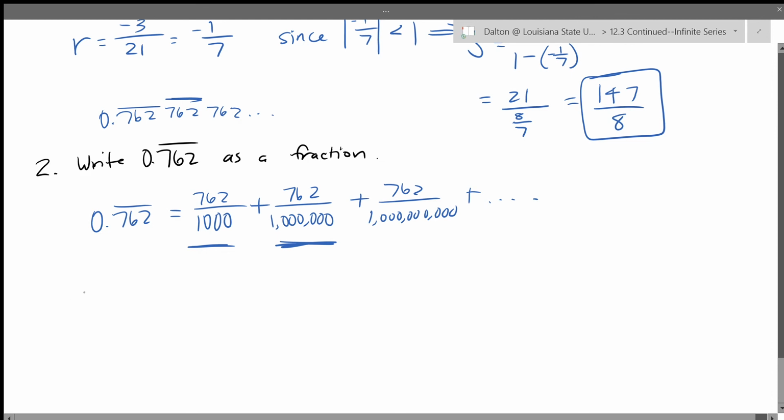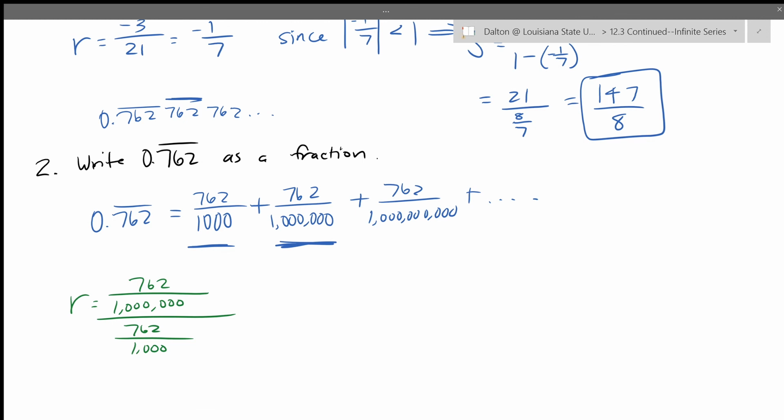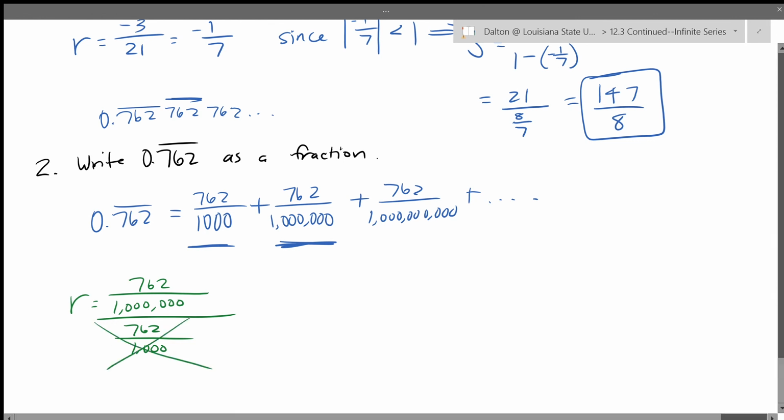So I divide 762 over 1 million by the first term, which is 762 over 1,000. Now, dividing fractions is the same thing as keep, change, flip, right? Or multiplying by the reciprocal. So instead of dividing by 762 over 1,000, I'm going to multiply by 1,000 over 762.